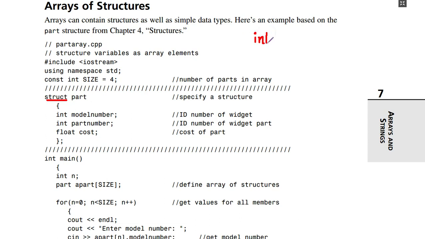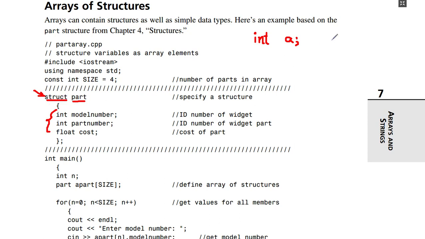Similarly, we can have a structure which helps us in grouping data elements. We do this with the help of the keyword struct. The name of the structure is part, P-A-R-T, and it contains these three elements. So we group this data together with the help of the struct keyword.